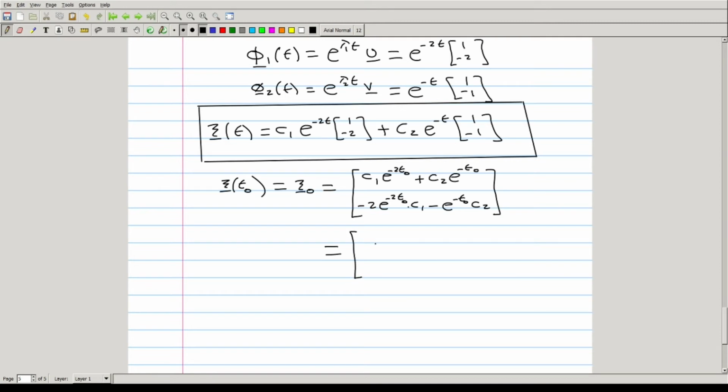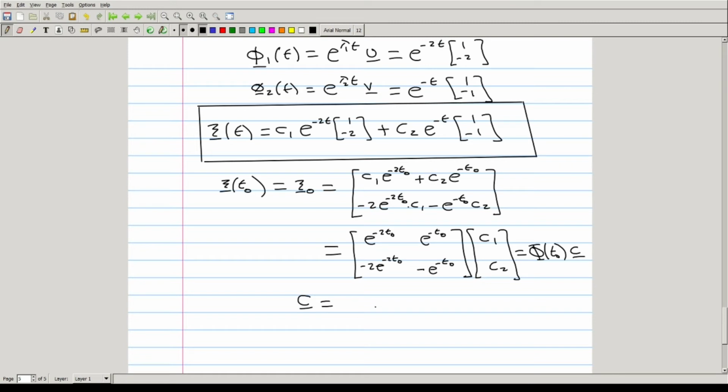Or the fundamental matrix evaluated at t naught, e to the negative 2t naught, e to the negative t naught, negative 2 e to the negative 2t naught, negative e to the negative t naught, times the vector of unknown coefficients c1, c2, which is phi of t naught times the unknown coefficient vector c.